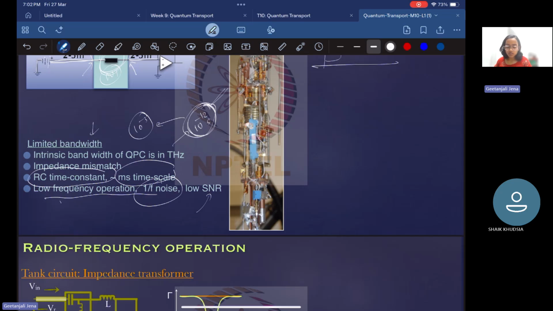Because of this, the signal is getting reduced by the low frequency oscillation. So these are the limiting factors why ultra fast sensing is not possible through the QPC or the SET device.